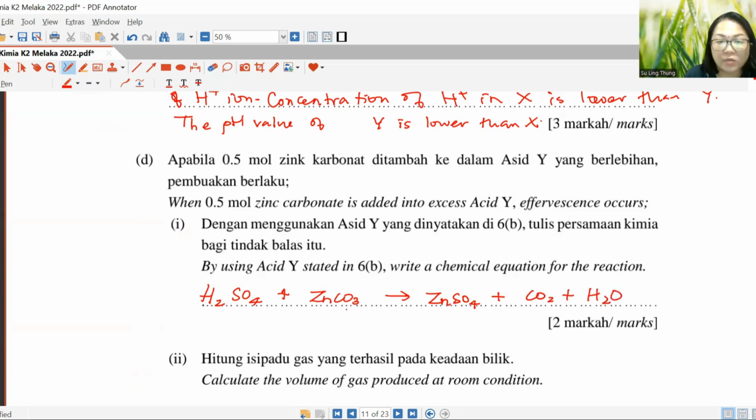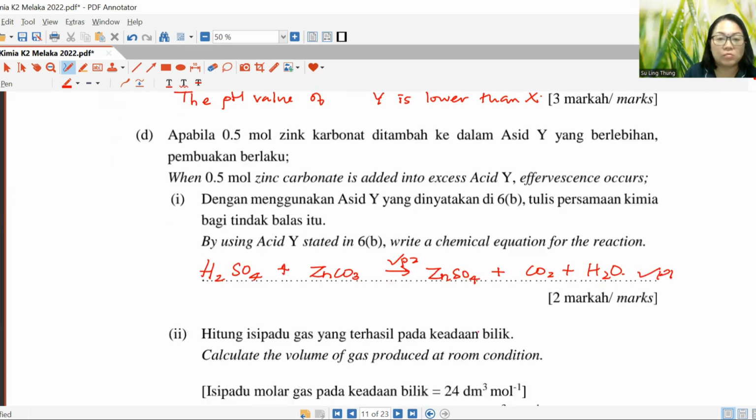Let us check out if this is actually balanced. So Zn 1, SO4, so 1. CO2. Okay. H2O. So this is balanced. So the first mark is for being able to write the correct reactants and the correct products. And the second mark goes to the number of moles stated in front of each chemical in the particular chemical equation. Okay, that's how you secure your 2 marks.